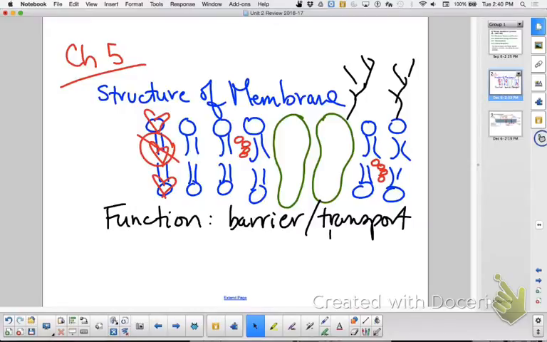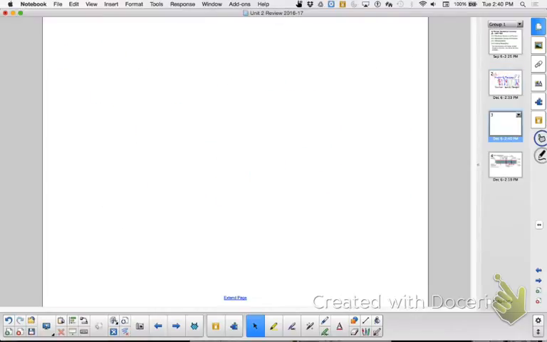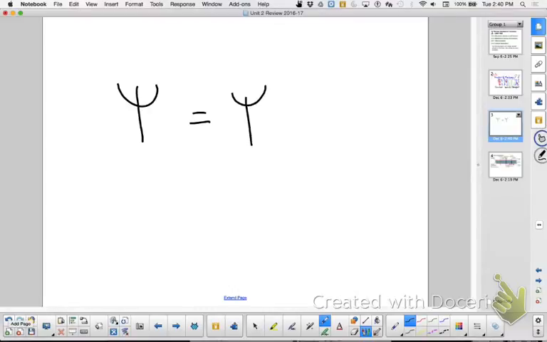I could predict how a plant might function if I know its water potential. Its water potential is a factor of pressure potential and its solute potential. I smell an equation. Are you remembering the equation? Remember this?